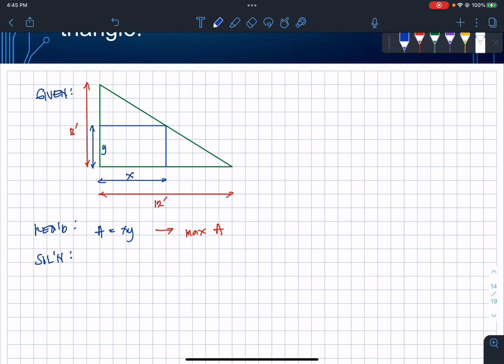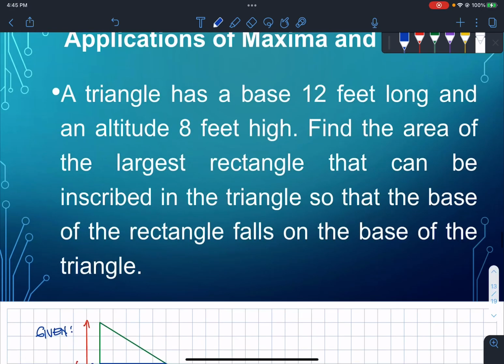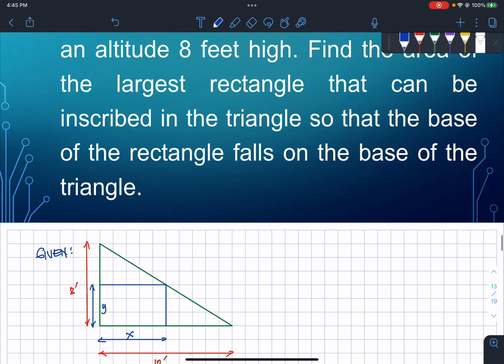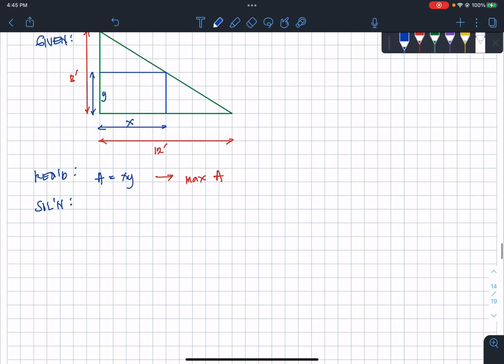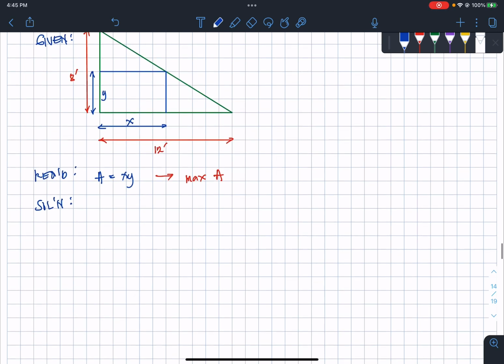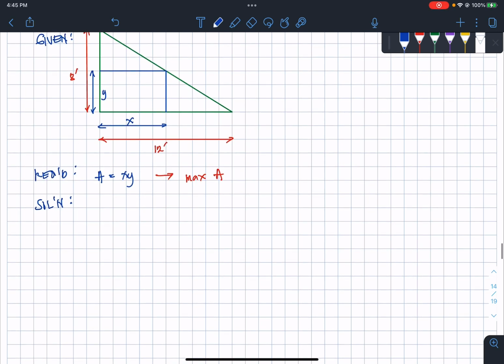For our solution, we have the area expressed in two variables, x and y. So we need to find another relation between x and y, so that we can express our formula in a single independent variable.